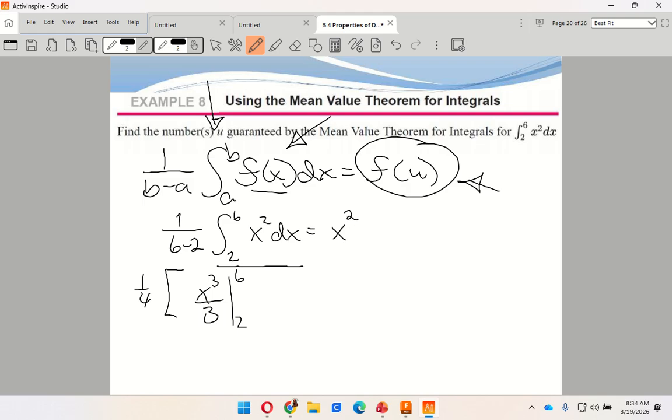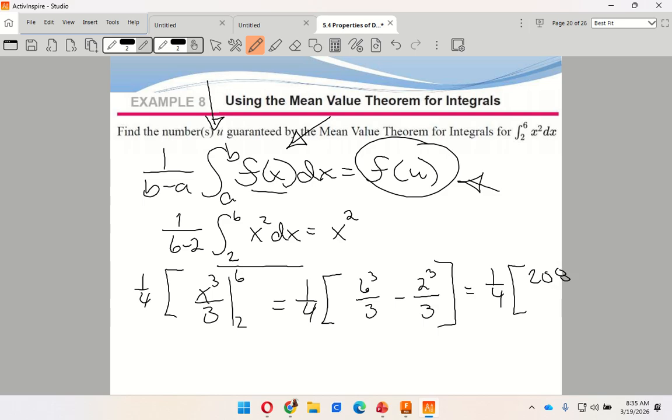All right, so 1/4 times top minus bottom, so 6 to the third, minus bottom, which is 216 over 3 minus 8 over 3, which is 1/4 times 208 over 3.